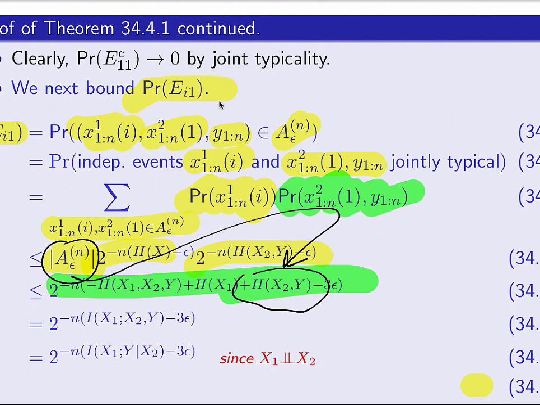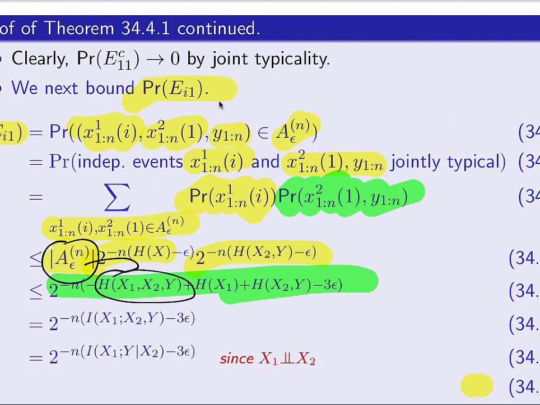It's 2 to the n h of x1, x2, and y. That's the upper bound on the size of the typical set. So the negative is used twice. And that, when we combine terms, just gives us the mutual information.